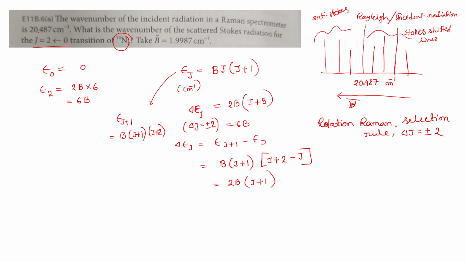Actually, I should take epsilon J plus 2, right? Here is the mistake. It will be J plus 2 into J plus 3, so there will be no such common thing. Let me erase this part.